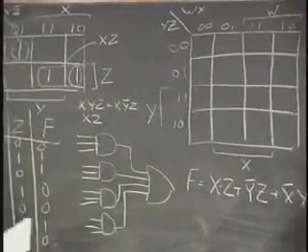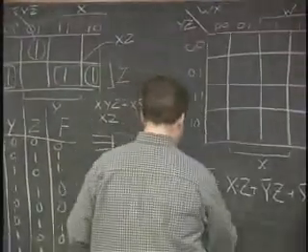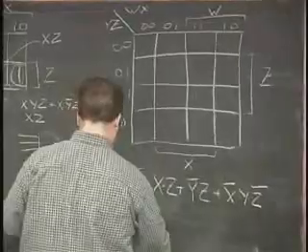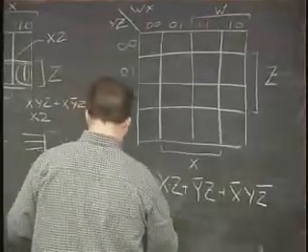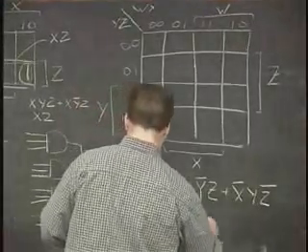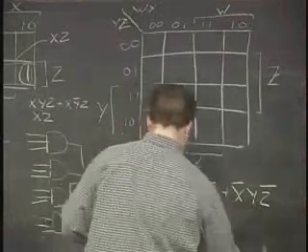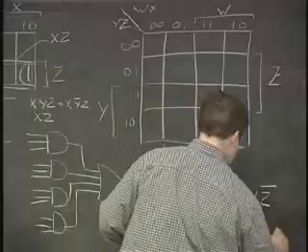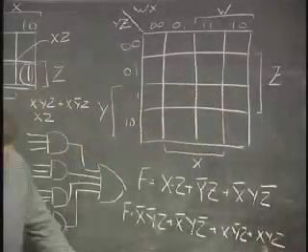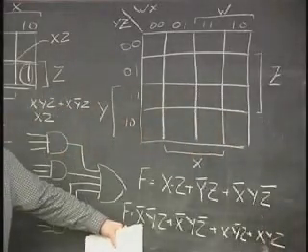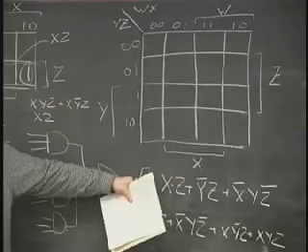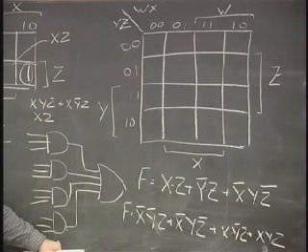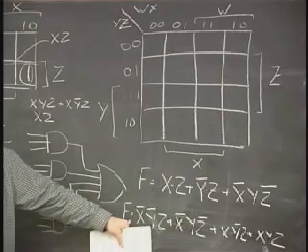Okay. So it would have started out to be f equals x, y, z, not, plus x, y, z, not, plus x, y, z, not, plus x, y, z. So we've taken this expression and simplified it to this expression, whereas we would have had to implement this logic in order to implement this function.